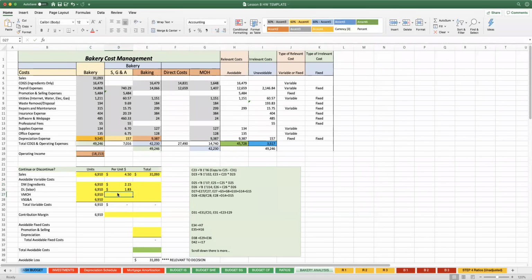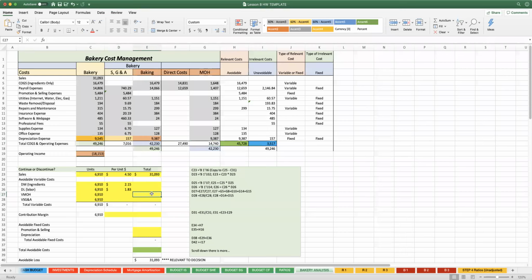Now this one, the variable manufacturing overhead, I'm going to have to back into that number because manufacturing overhead isn't split up that way. It's in total on this particular analysis. So I'm going to fish it out and figure out what this is on a per unit basis separately.